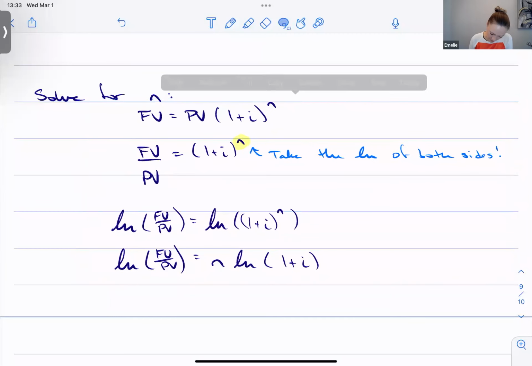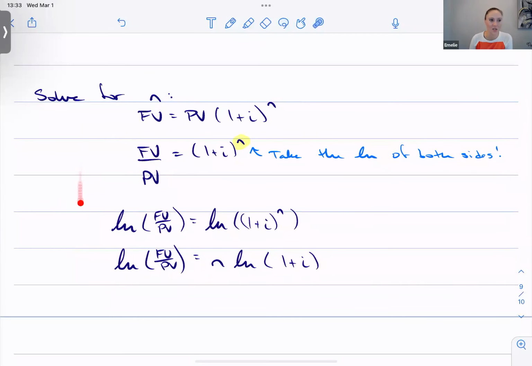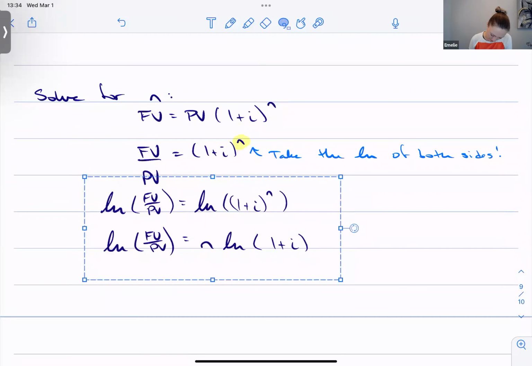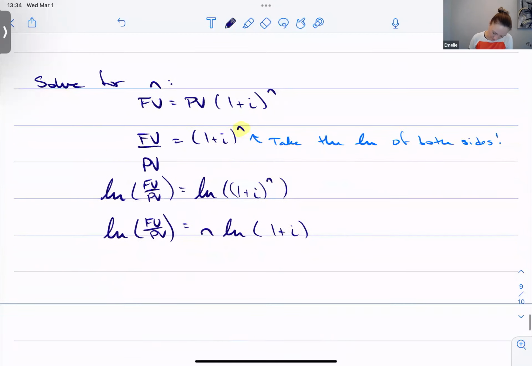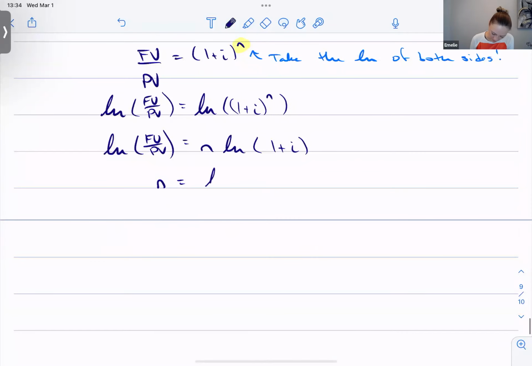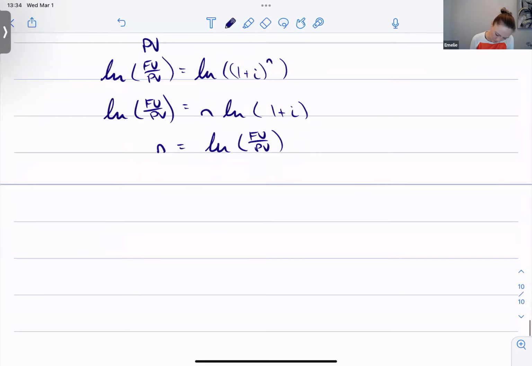It's going to look weird now, but when I save it as a PDF, it doesn't actually include these lines, so I'm going to count on that. So then n is the natural log of the future value over the present value divided by the natural log of 1 plus I, which again is on your formula sheet.